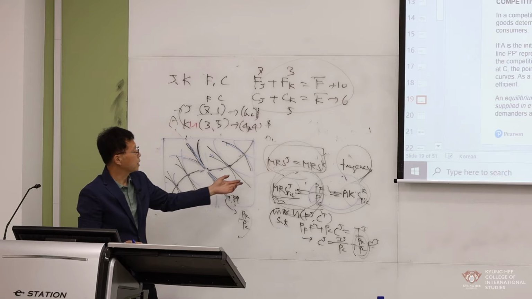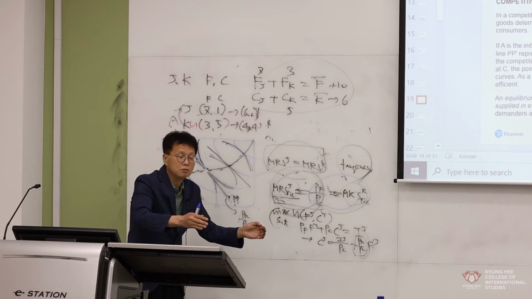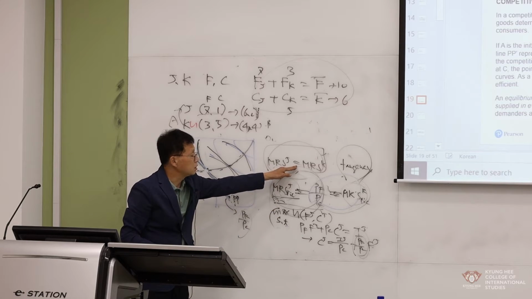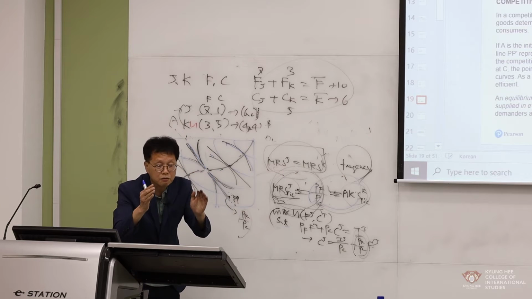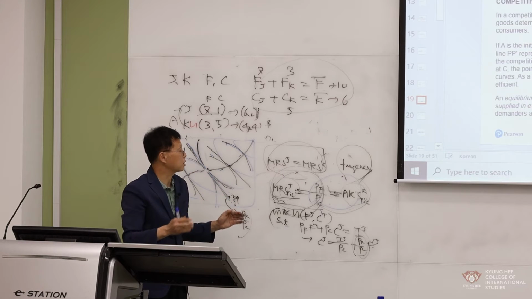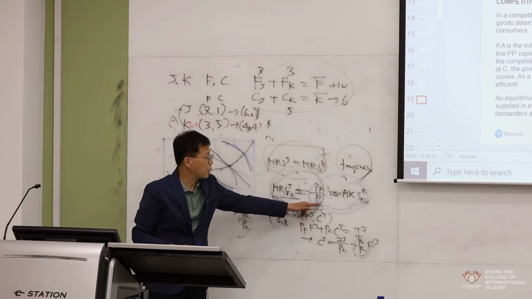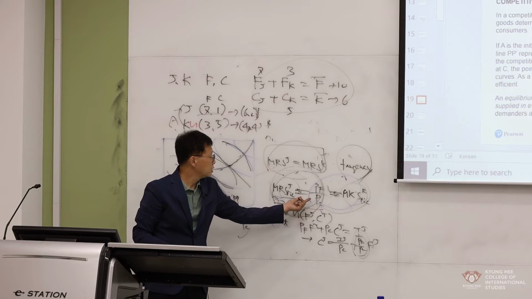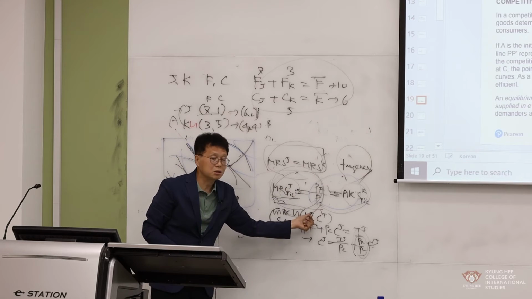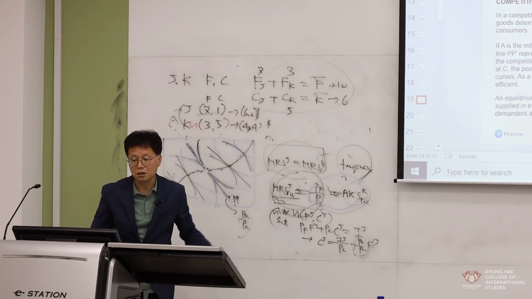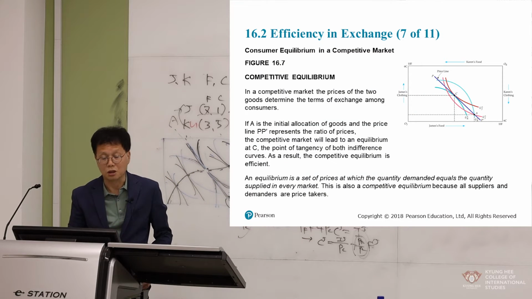Before that, I explained that by bargaining power of James and Karen, we can reach this efficient point. But if the market of food and clothing is perfectly competitive, led by market mechanism or price mechanism, the two guys reach some point where this condition is satisfied. That is competitive equilibrium in consumption.